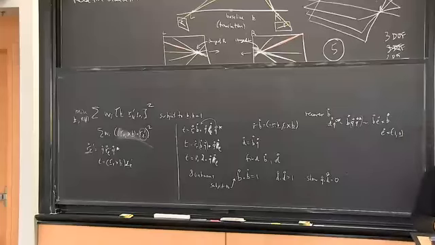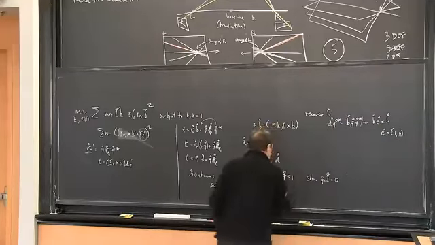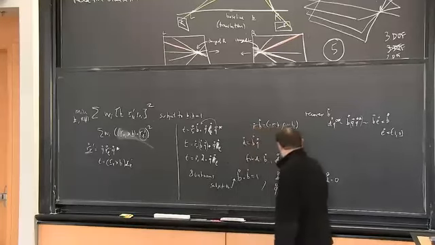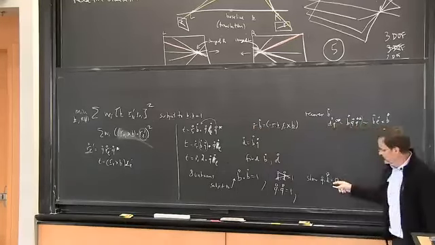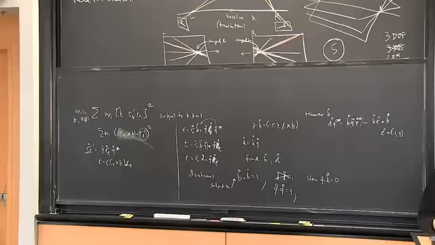That's fairly easy to show. Okay, so we got that constraint, and that constraint. So now the counting is right. We've got 8 variables, and we have 3 constraints, so there are only 5 degrees of freedom.